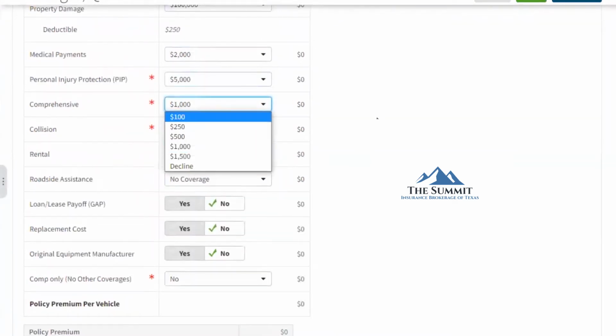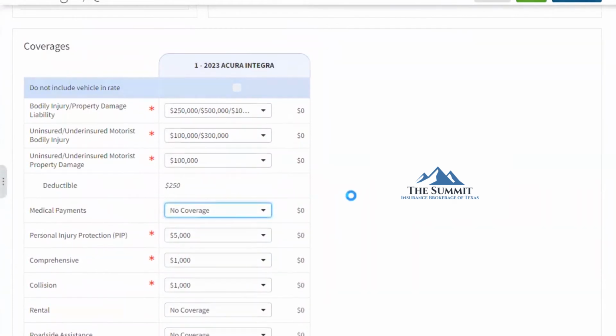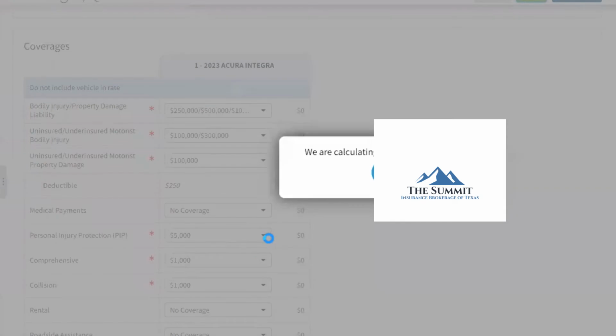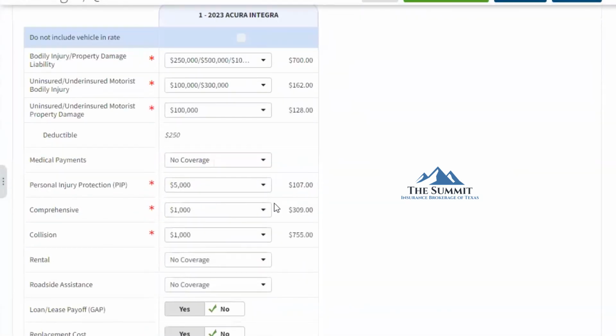So the difference between moving it to 5,061 to 5,170, so about a $40 difference to double the coverage. So just a quick review of the medical payments and PIP when you're reviewing that.